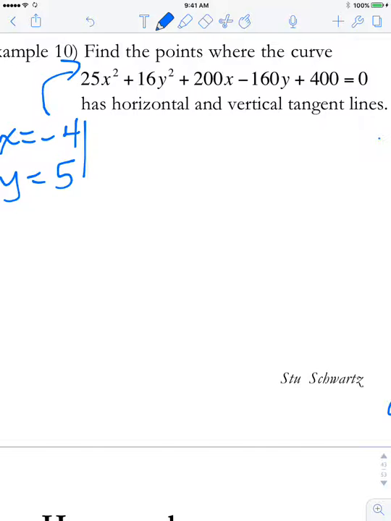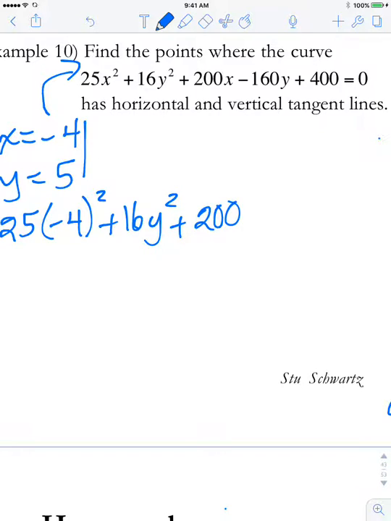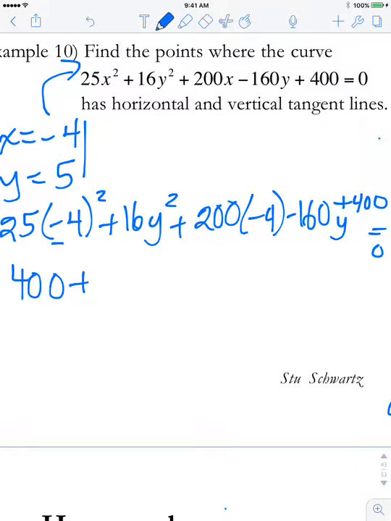So let's see, I'm going to have 25 times -4 squared plus 16y squared plus 200 times -4 minus 160y plus 400 equals 0. All right, let's simplify this. 25 times 16 is 400 plus 16y squared.